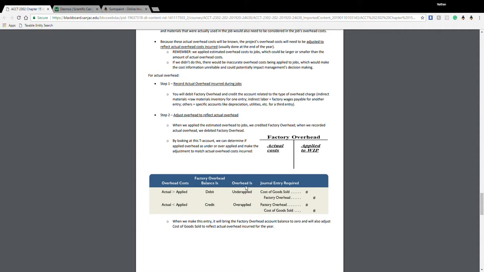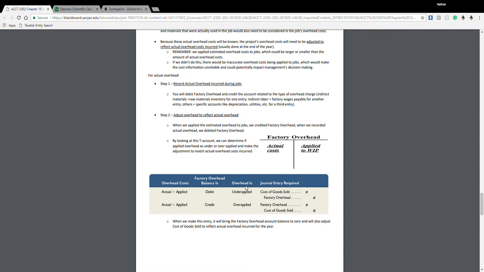basically our overhead is under-applied. It means we just did a poor estimate. We probably had more cost than what we thought. Maybe some indirect materials cost more than expected, or some labor hours were a little more, or some of our maintenance guys had to go overtime, or something happened.